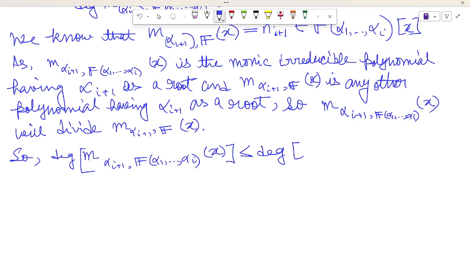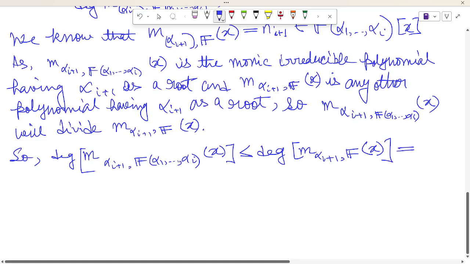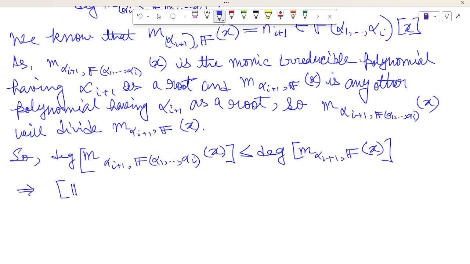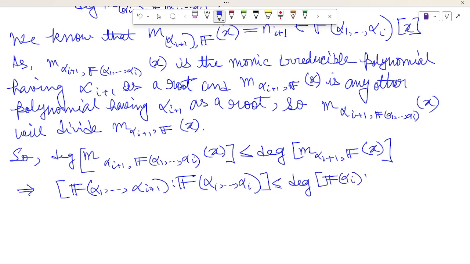So the degree of alpha i plus 1 over F, which was, and this we assume is n i.